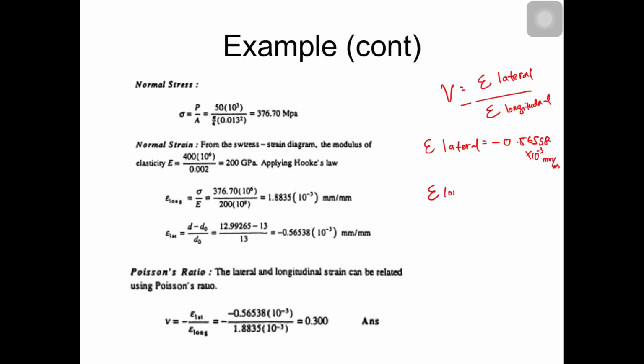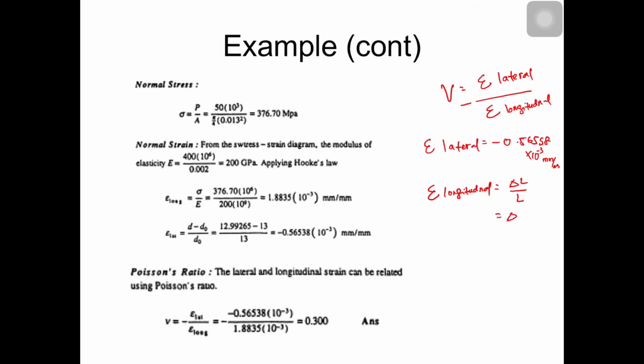And then find epsilon longitudinal. Same thing, delta L over L, the elongation. You can use this equation, but you don't know the elongation, right? So you can find the elongation.